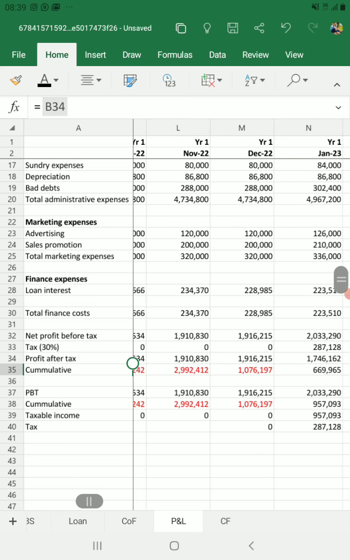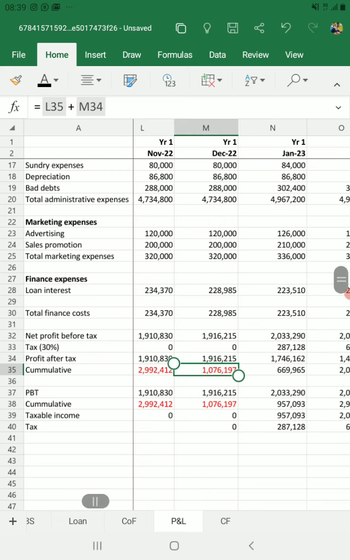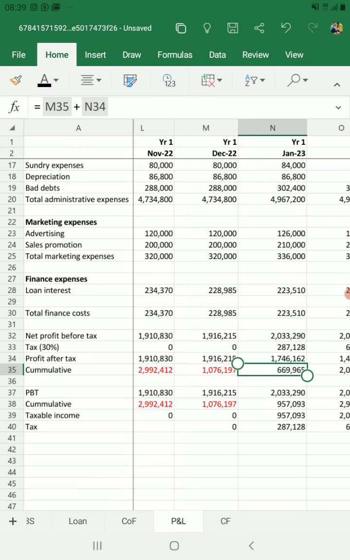You see, though we generate profit, we are still absorbing the loss, until here. From January 23 we start with a positive figure, and it is from here that we start to charge tax, after absorbing all that. So this is the formula I created to establish the tax component.